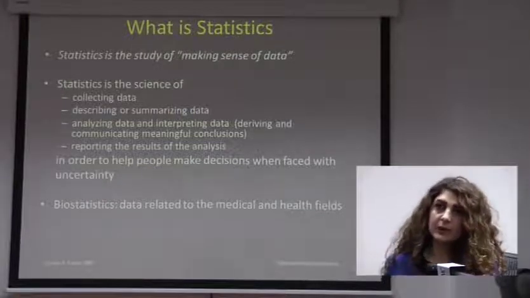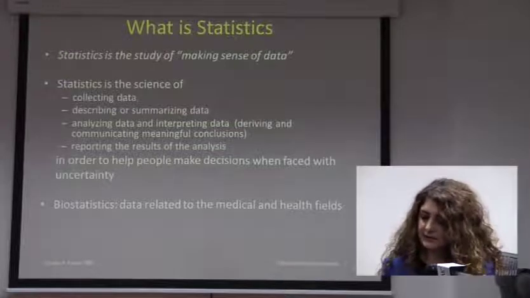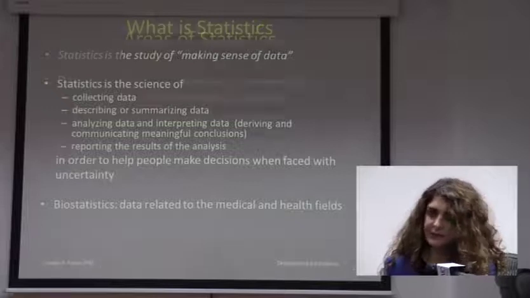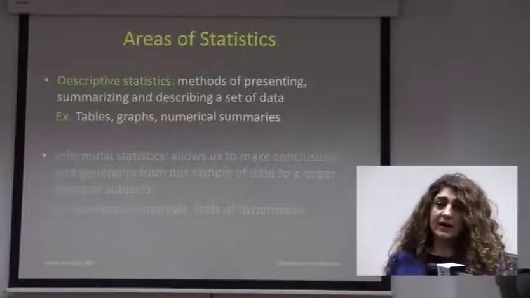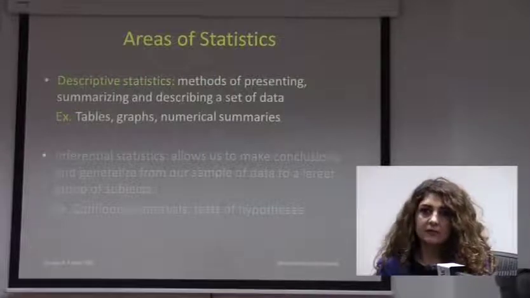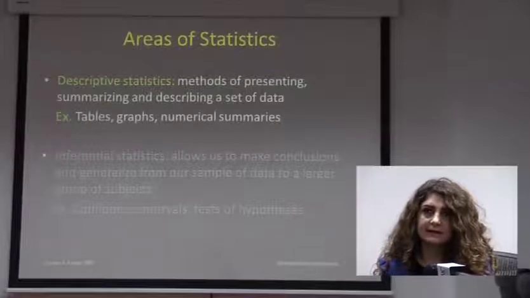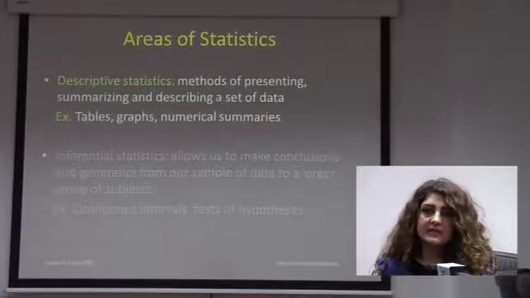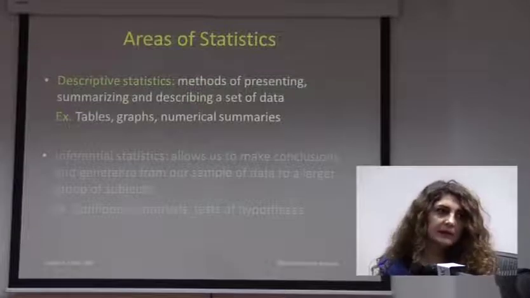And when we talk about biostatistics specifically, it's the statistics on data related to medical and health fields. There are several areas of statistics, two of which are the descriptive and the inferential. The descriptive is what we will be discussing at length tonight. They consist of methods of presenting, summarizing, and describing the data.